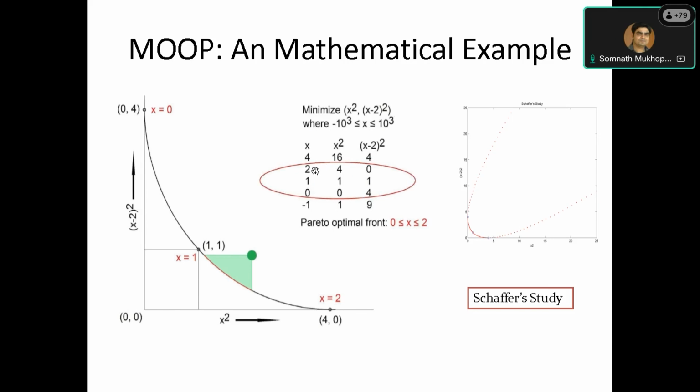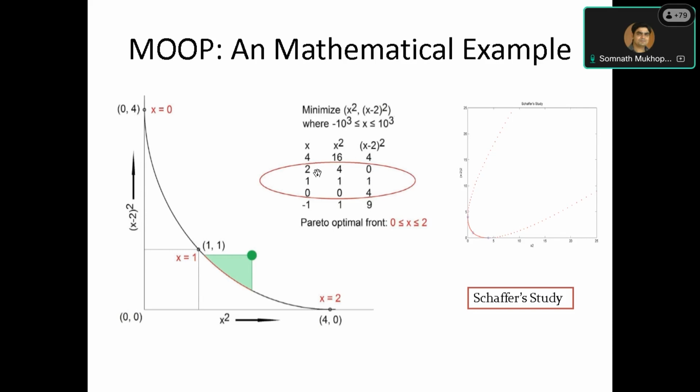But when x equals 4, the value of x square is 16 and (x minus 2) whole square is 4. So which solution should we consider better, when x is 2 or when x is 4? Because 0 is less than 4 and 4 is less than 16, the solution x equals 2 dominates x equals 4.